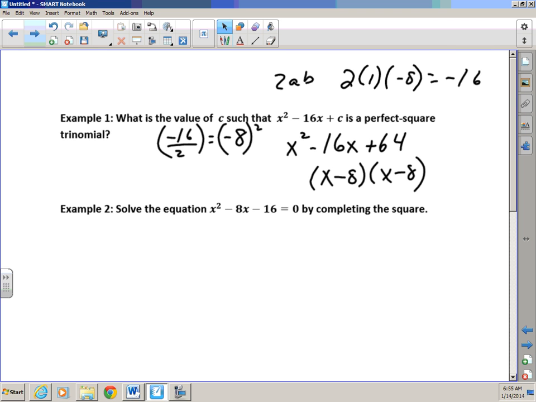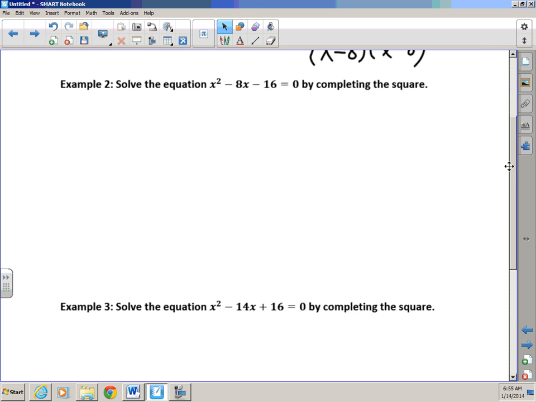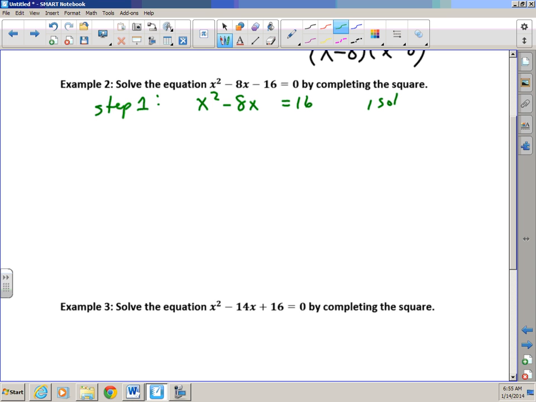Okay? Now, we're going to use this technique and follow the steps that we're going to go through to solve what we couldn't solve before because we couldn't factor. Okay? So, step 1, I'm going to rewrite this equation by isolating c.